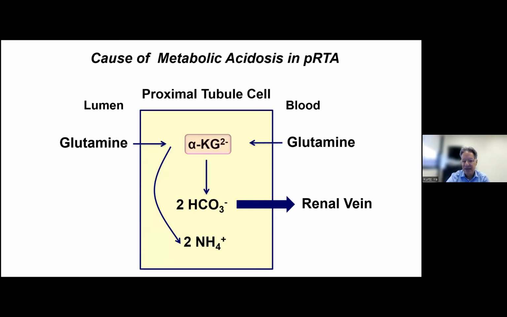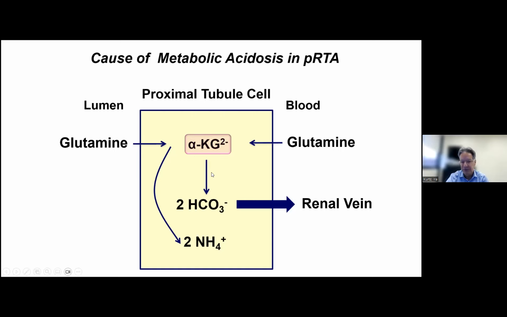Now, there's a second mechanism for metabolic acidosis in proximal RTA, which is really not well known by most people, but you just have to keep that in mind. So the lack of reclaiming bicarbonate makes sense, but there's an additional factor. It's not well understood why, but there's a suggestion that the glutamine conversion to alpha-ketoglutarate might also be defective.